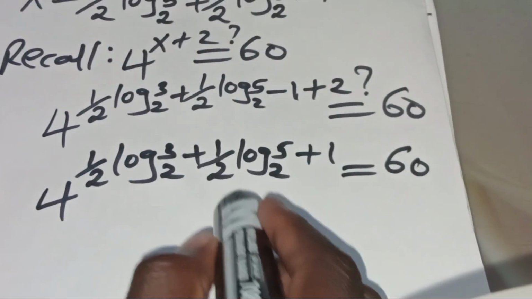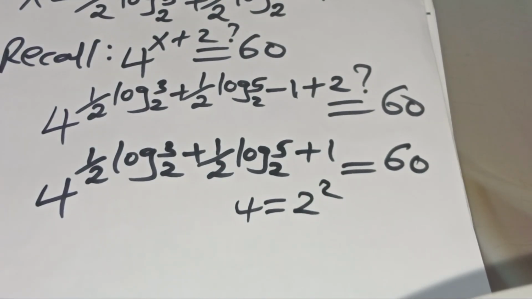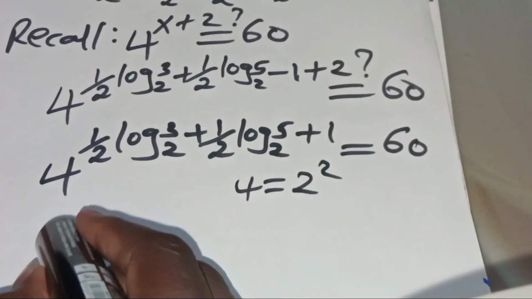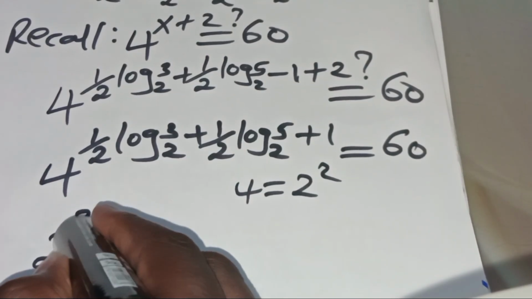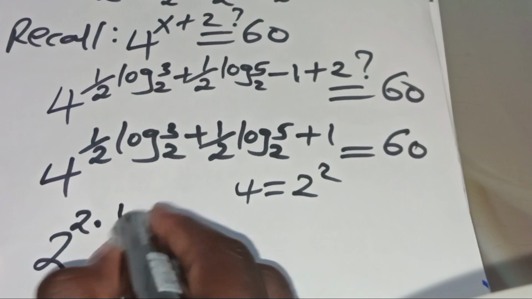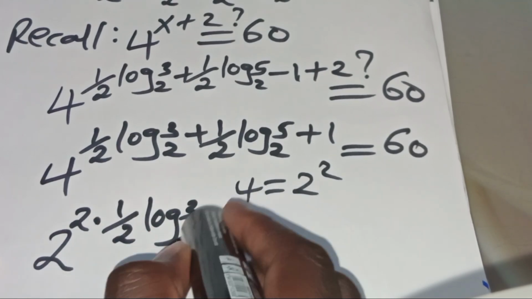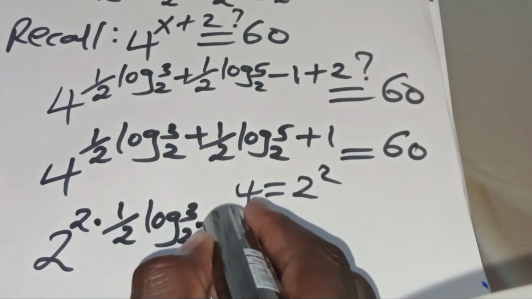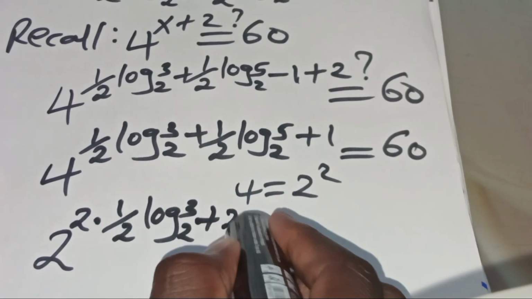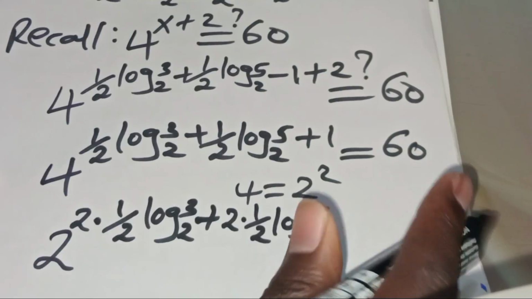Now, we can express 4 as 2 to power 2. So let's substitute this. So this is the same thing as 2 to power 2 multiplied by, now we have, this is half log 3 to base 2, okay? This is now plus, this is the same thing as 2 multiplied by a half log 5 to base 2, okay?